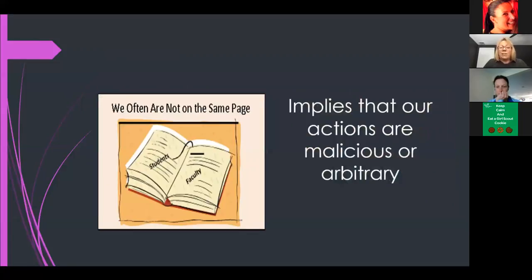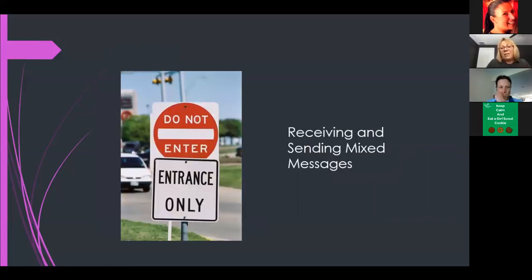So really what happens then is that many times we're not on the same page. And then that's when our actions as faculty can be implied that we're malicious or we're arbitrary, we're not sticking to the same thing, we make up rubrics in our head. So again, receiving and sending mixed messages.